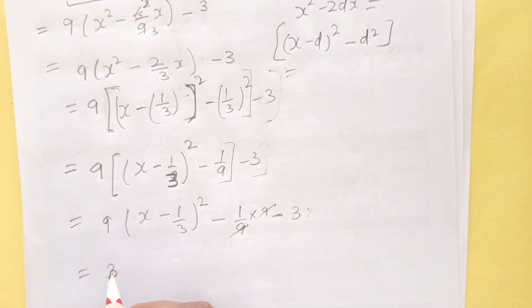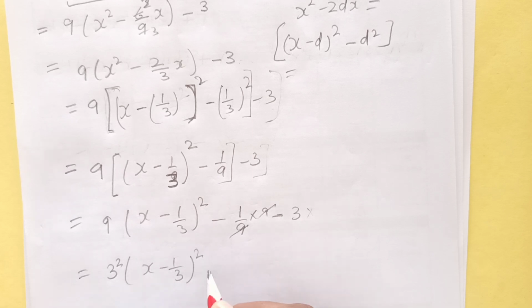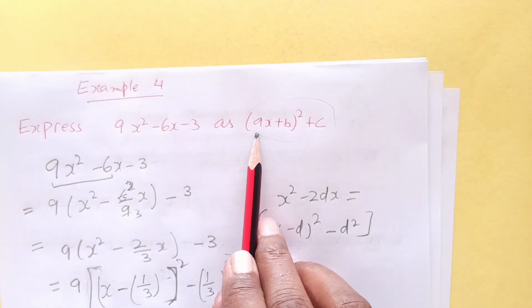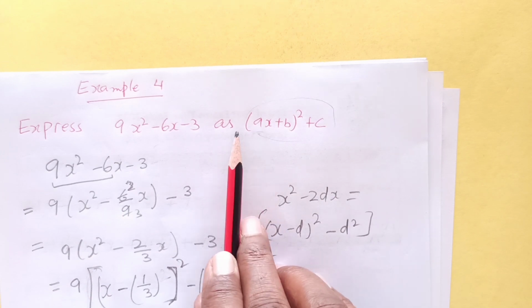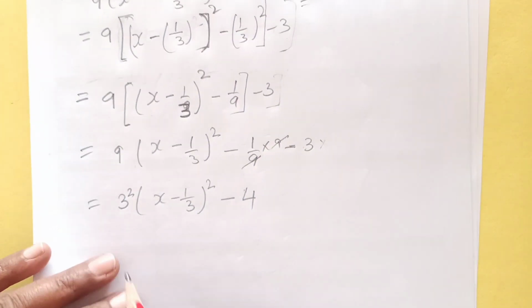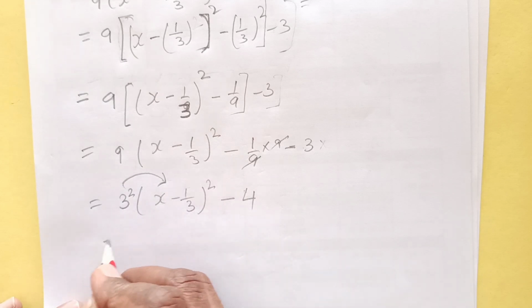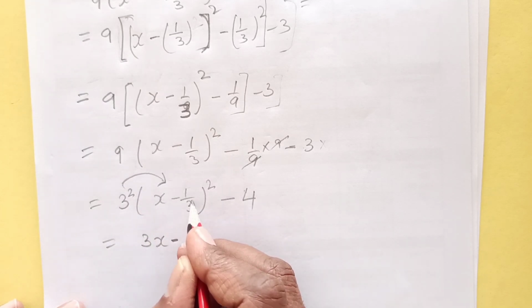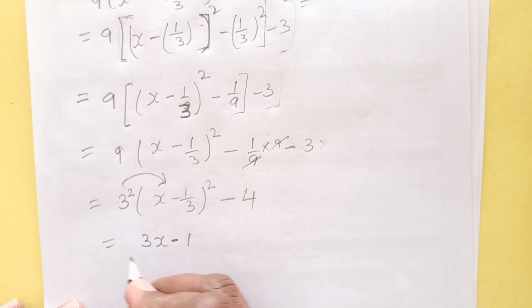So now this 9 can be written as 3 squared, (x minus 1 over 3) squared, minus 1 minus 3, negative 1 negative 3 is negative 4. Now you see we cannot leave it here because there should be nothing outside. So taking this inside, this will become (3x minus, then 3 will be cancelled here, so we will have only 1) squared.